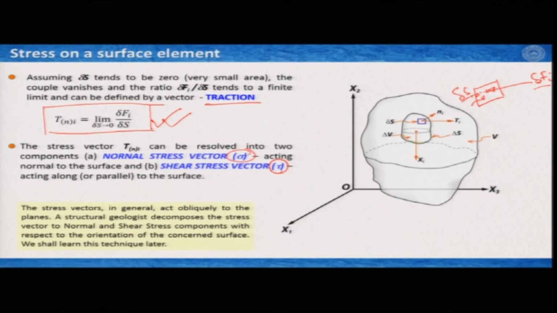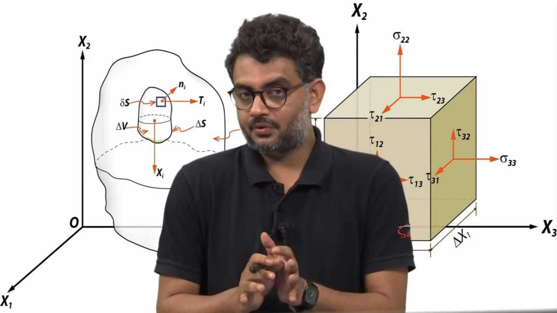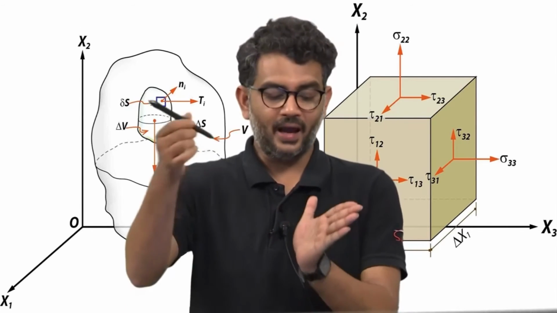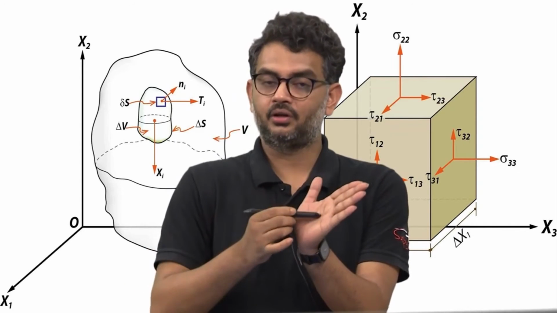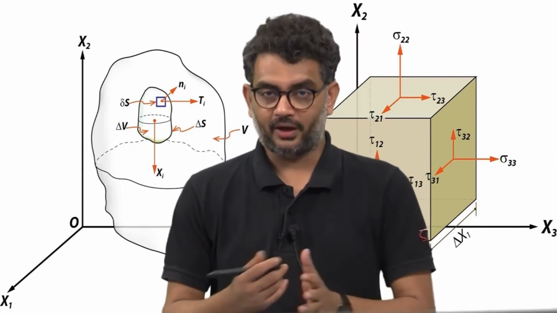I repeat again, a structural geologist therefore has to decompose the stress vector into normal and shear stress components with respect to the orientation of the concerned surface. Now, we will learn about this technique later, but what I tried to convey with this statement is that if we have a force acting on this surface, we can immediately resolve it into normal and shear components by simple vectors.